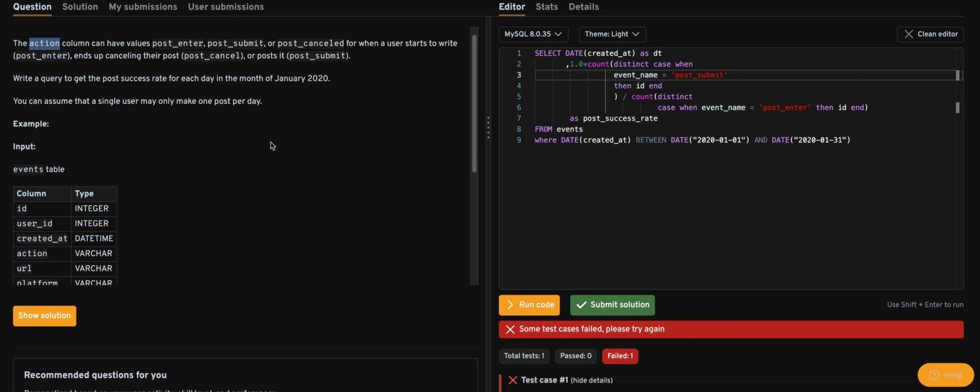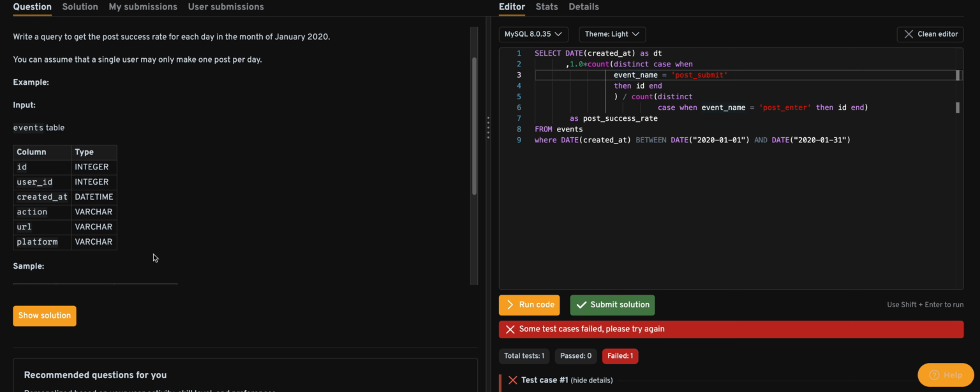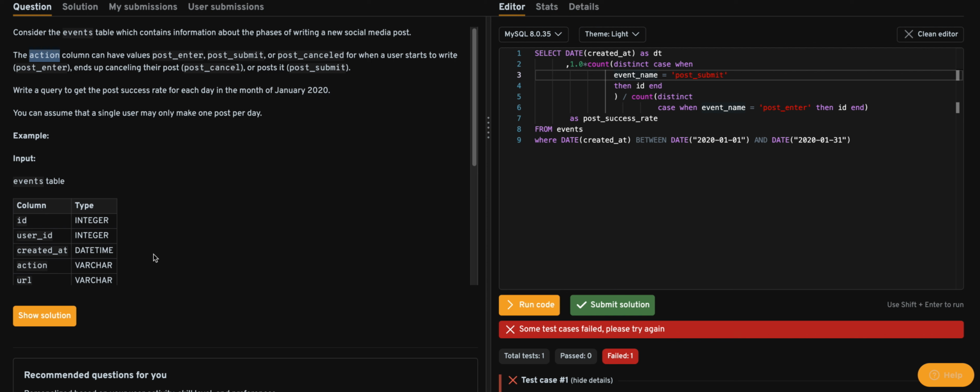Post enter. But why is it event name here? I don't understand. It should be an action here.